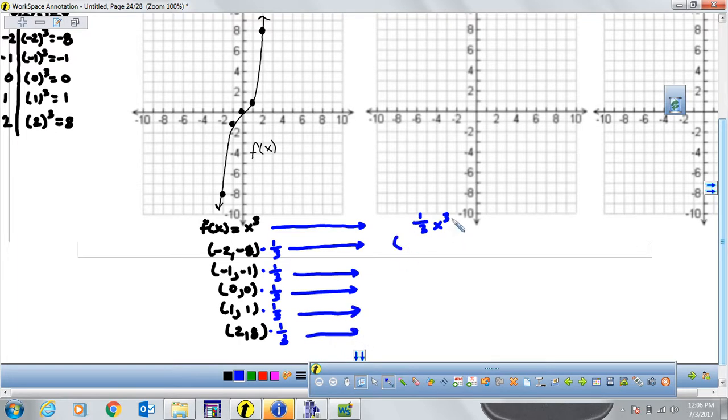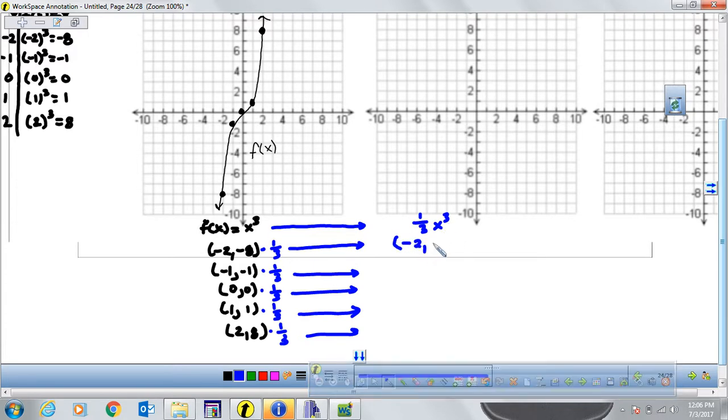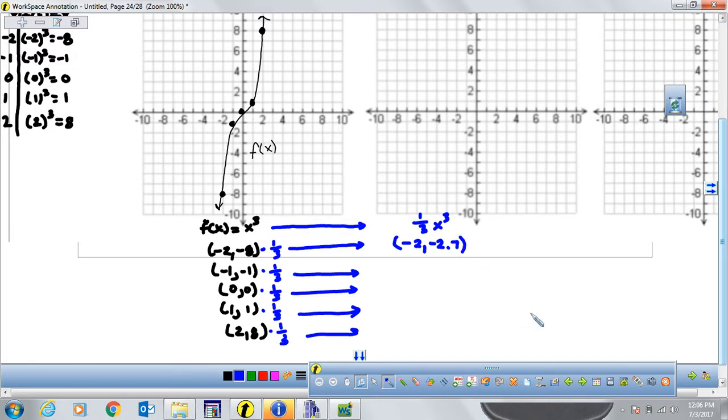Multiplying times 1/3 is the same thing as multiplying times 1 and then dividing by 3. So -8 times 1 is -8, and -8 divided by 3 is about -2.7, just to estimate.